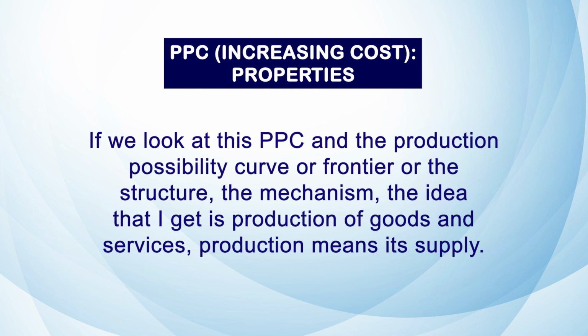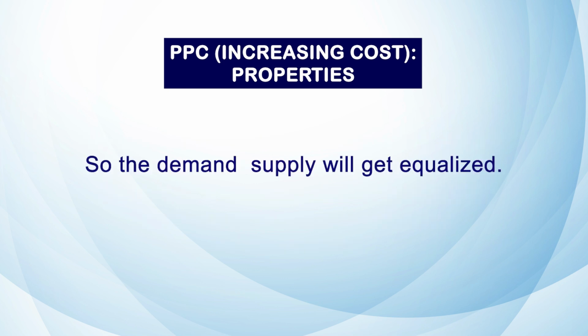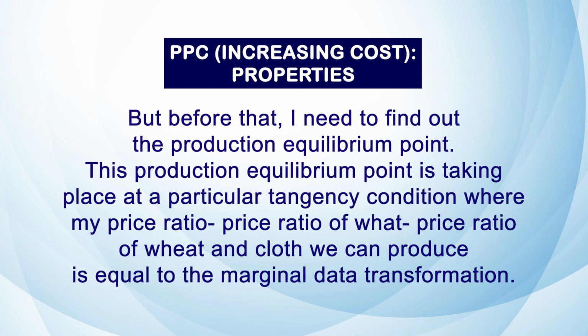Production means supply. So your PPC is the reflection of my supply side, whereas the issue that I am going to discuss in a moment, the community indifference curve, is a reflection of my demand. So the demand and supply will get equalized. But before that, I need to find out the production equilibrium point.